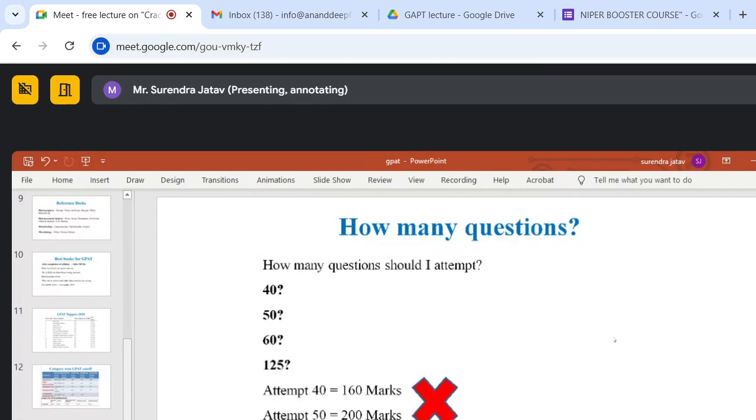But if you attend 40 questions and only 30 are correct and 10 are wrong, then 30 into 4 is 120, and the 10 wrong ones cost you 10 marks, so 110. Attending only 40 questions this way, you will not be able to qualify. So that is the strategy actually.